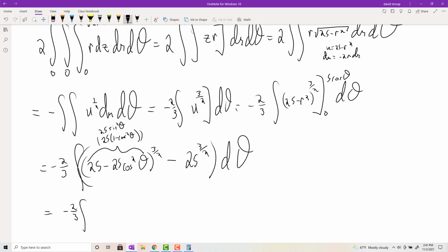And then when you raise that thing to the 3/2 power, 25 to the 3/2 is going to be 25 to the 1/2 cubed. 25 to the 1/2 is 5. 5 cubed is 125. And then sine squared to the 3/2 will be sine to the 6/2, which is sine cubed theta.